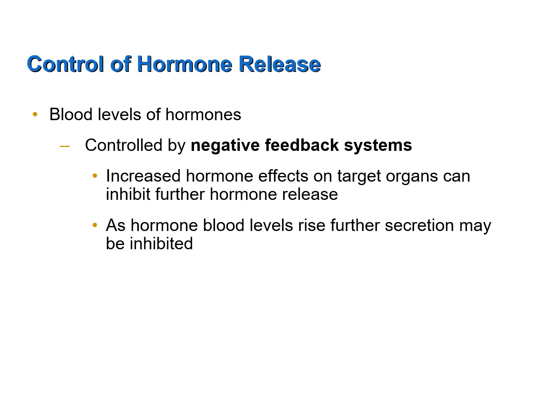For example, a rise in blood sugar levels causes the release of the hormone insulin. Insulin decreases blood sugar levels. With the drop in blood sugar levels, the stimulus that caused the release of insulin in the first place is now removed, and so insulin secretion stops.